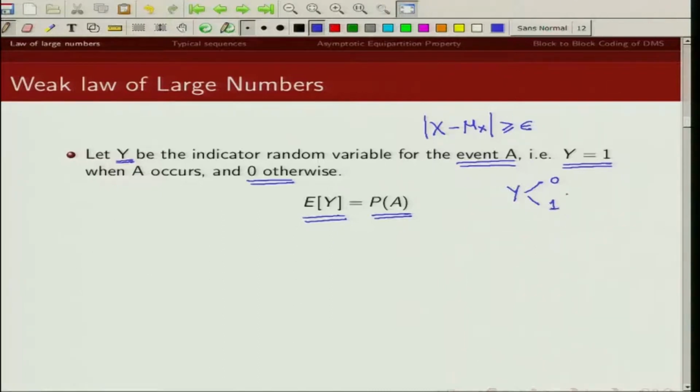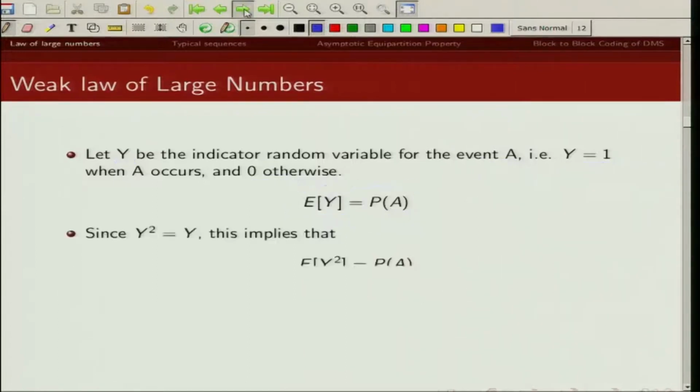It takes value 1 when the event A happens, and that happens with probability P of A, and when event A doesn't happen, that's the probability of the complementary event, which is nothing but 1 minus P of A. So the expected value of y is 0 times this probability plus 1 times probability of A. That's why the expected value of y is nothing but probability of A.